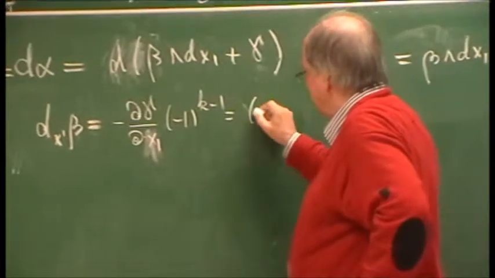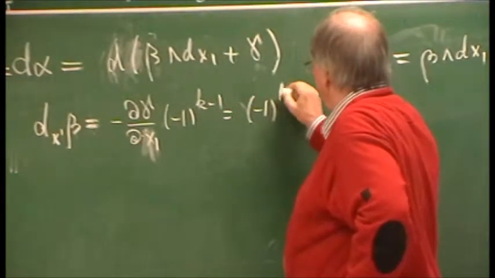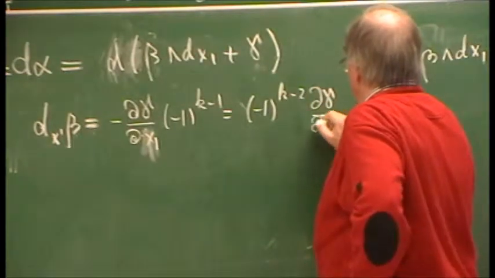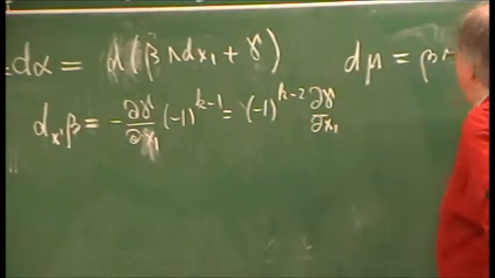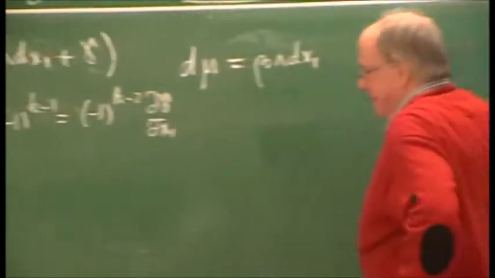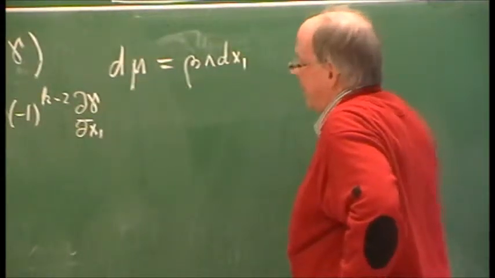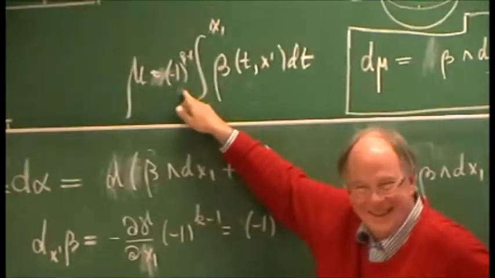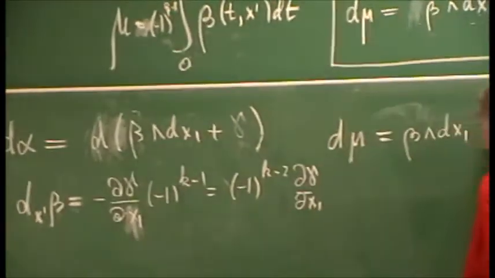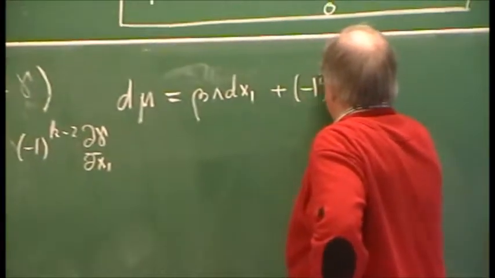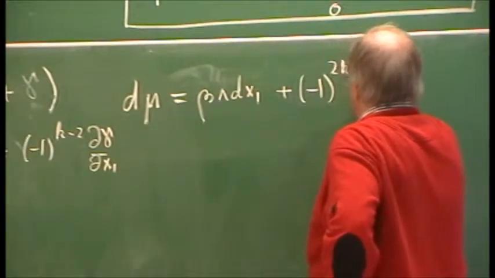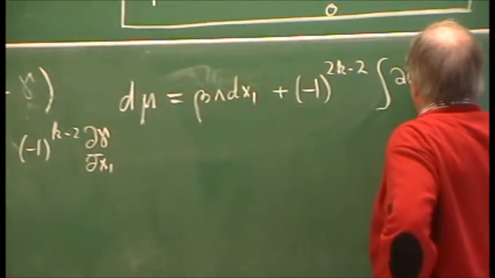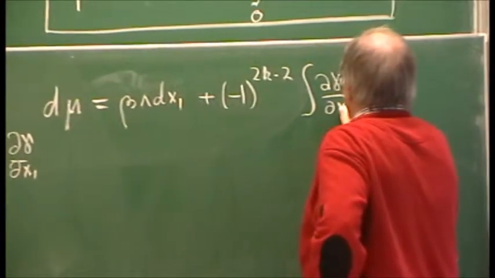Okay. -1 to the k -2 d x1. And right, so -1 to the k 2k -2 times the integral d gamma dx1.